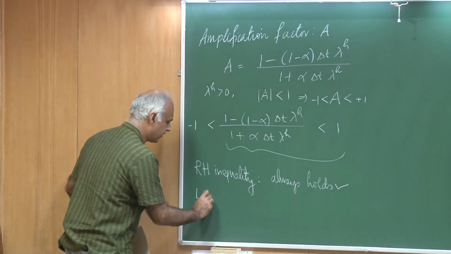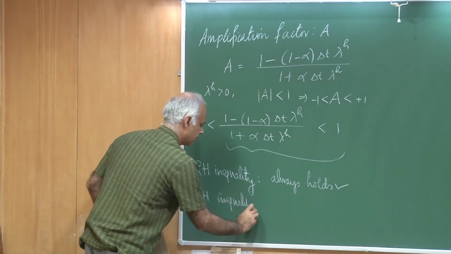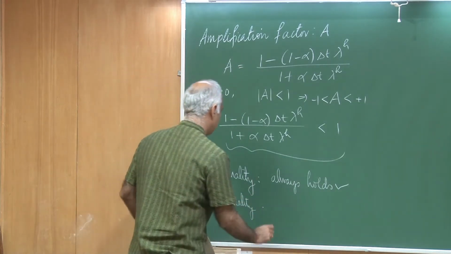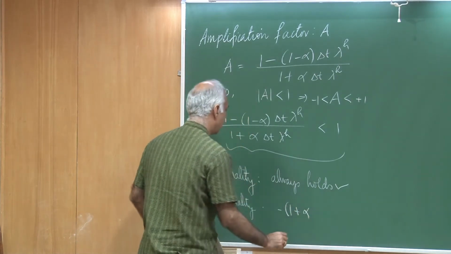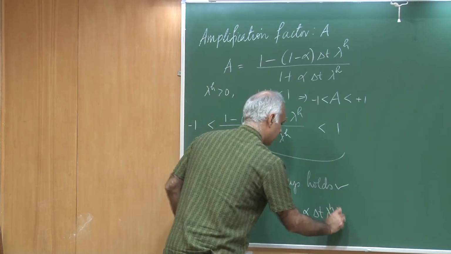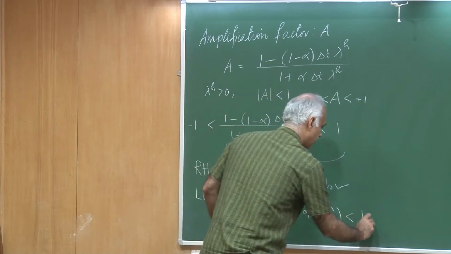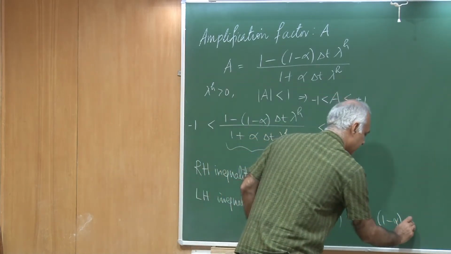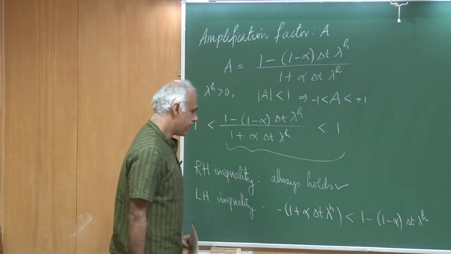Let us look at the left hand inequality. And this gives us that minus of 1 plus alpha delta t lambda h should be less than 1 minus alpha delta t lambda h.